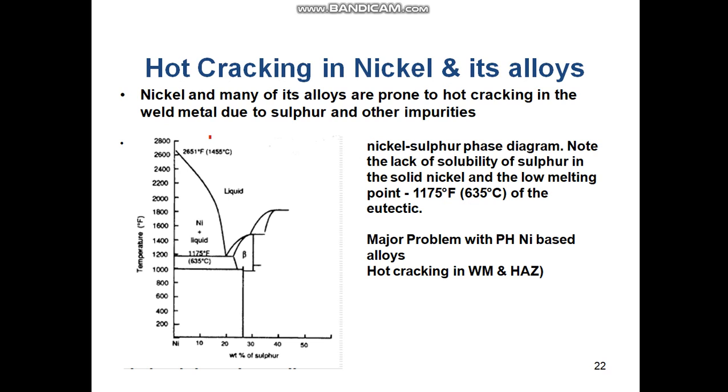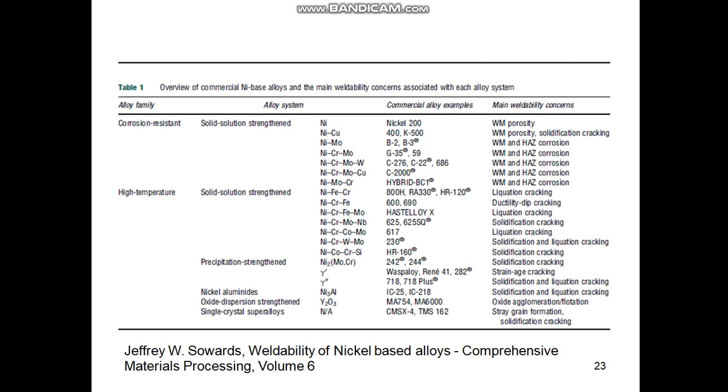So this eutectic phase is a major problem with precipitation hardened nickel base alloys, and gives rise to hot cracking issues in weld metal and heat affected zone.